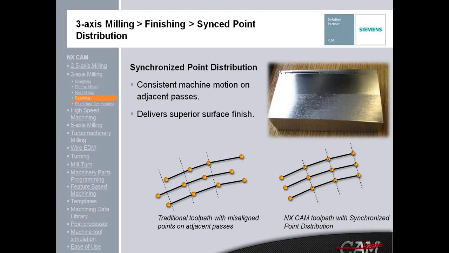As you see in this image, with traditional software, you're going to have a surface finish that's certainly less than desirable, going to result in some benching, some handwork, which is time, which is going to cost money. With NX CAM, it's a more even distribution of those points, so we get a much better surface finish at the end of the cut.